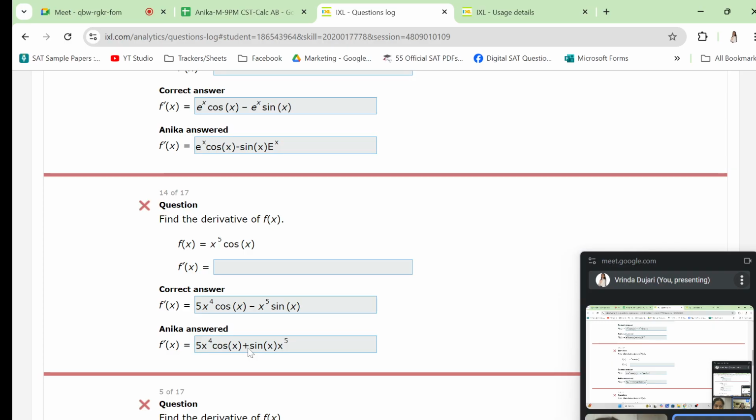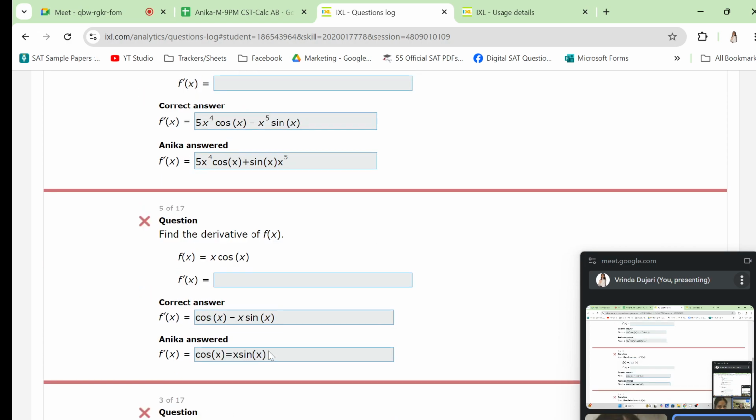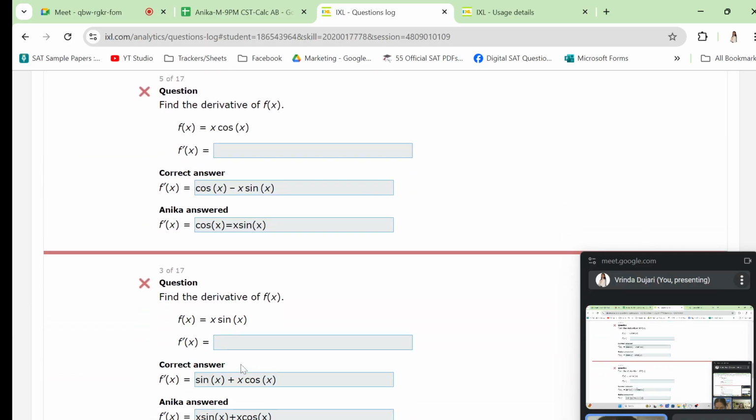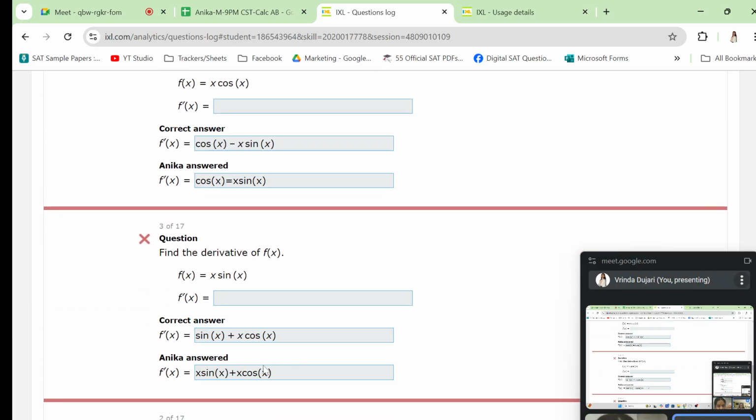The mistake is that the sign is different, but you can change the order, that's fine. In this question, I accidentally kept equal to instead of minus. This is a typo, because the equal to and minus sign are right next to each other. And here what happened? You kept x in front of sine. Oh, derivative of x is just 1.